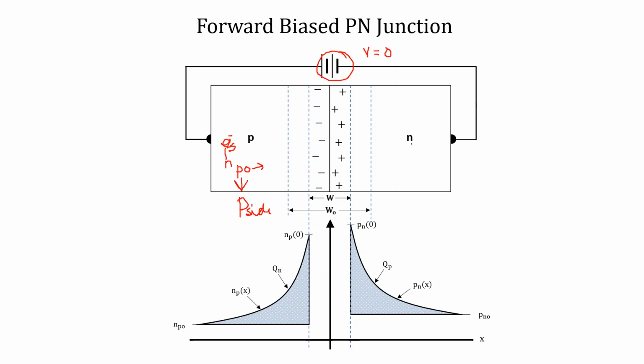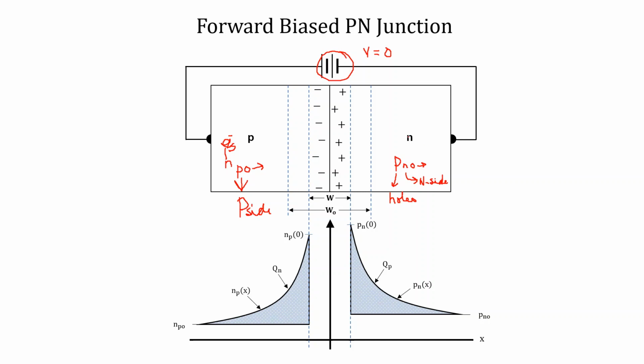Similarly, in the N side, majority charge carriers are electrons and minority charge carriers are holes. So holes will be denoted as Pn naught, where P means holes, n means N side region, and naught means thermal equilibrium.